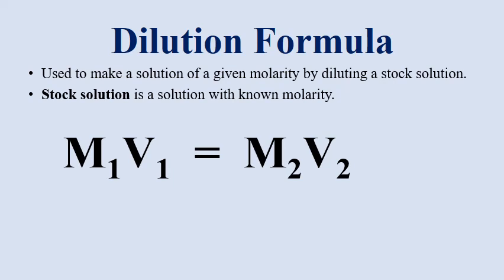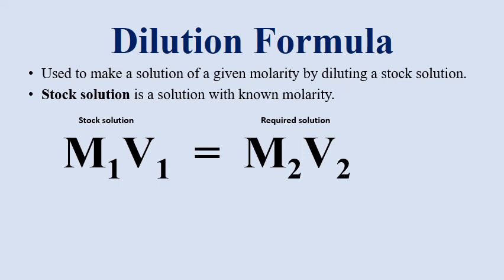M1V1 equals M2V2. The left hand side of this equation represents the stock solution, and the right hand side represents the required solution, or the solution that you need to make by diluting the stock solution.